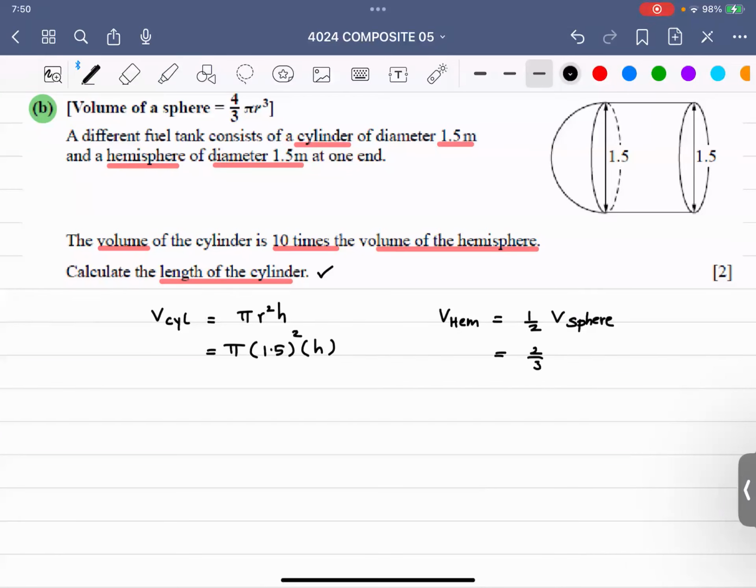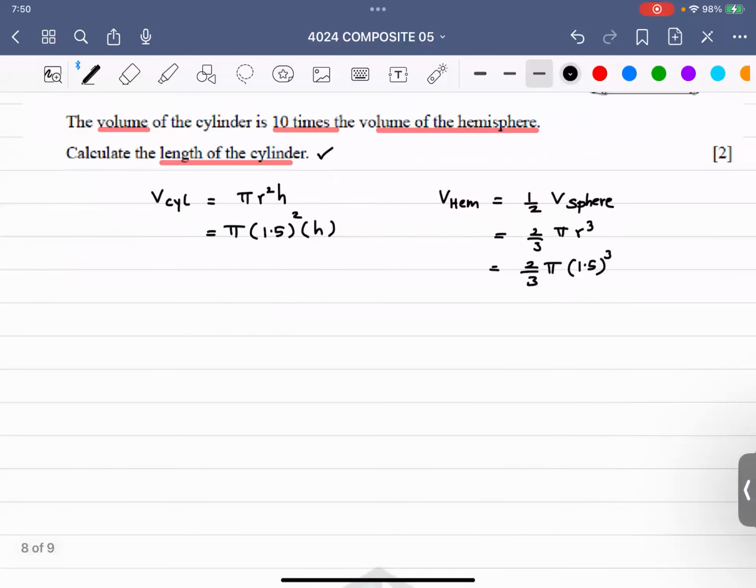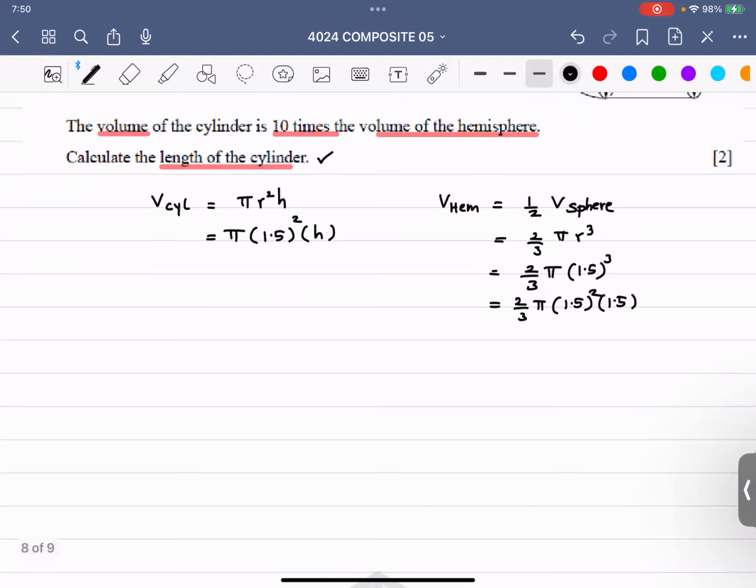The half and 4/3 simplifies to 2/3. That's 2/3 pi r cube. That is 2/3 pi, and this is 1.5 cube. Can I write this as 2/3 pi into 1.5 square into 1.5? Yes, I can. Now it says volume of cylinder is 10 times volume of hemisphere.